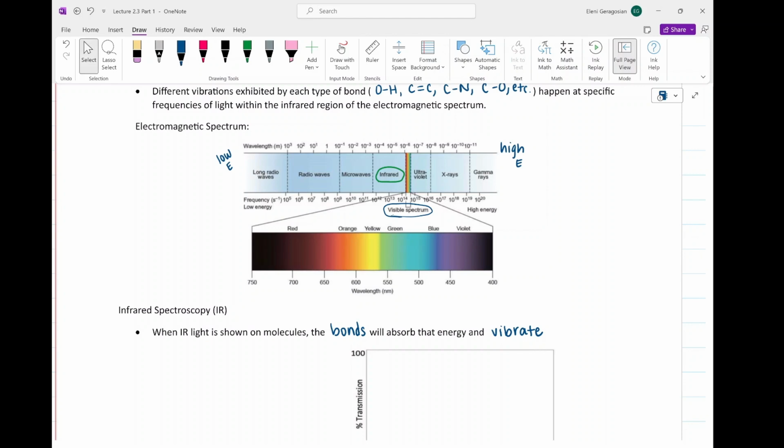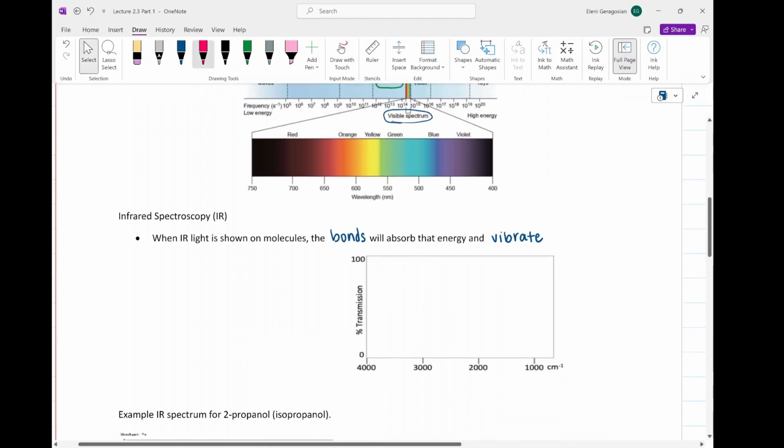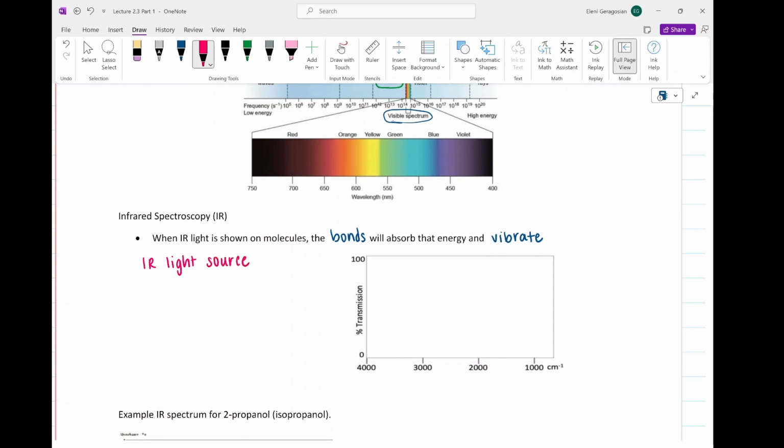So how this works practically in a lab is that there is some IR light source. Think of like a light bulb, but that light bulb is showing IR light. So we got energy coming from the source. This will shine light onto a molecule.